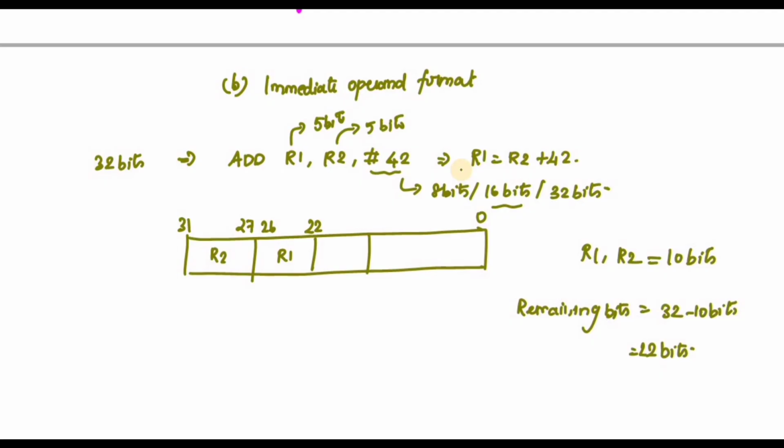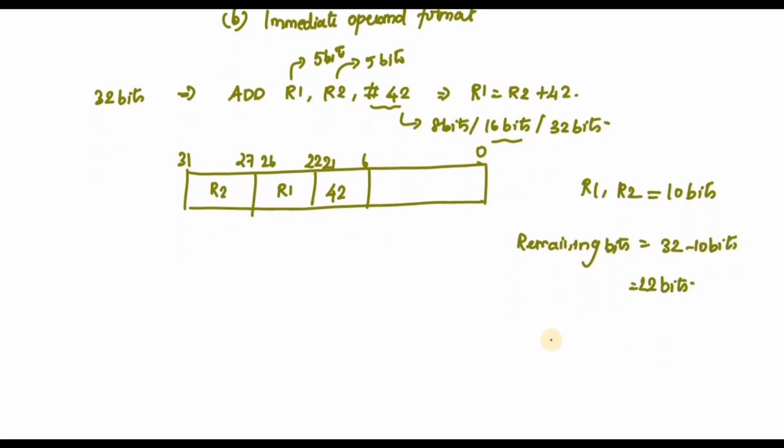I can assign 16 bits for the immediate operand, from bit 6 to 21. I'm going to assign 42 there.